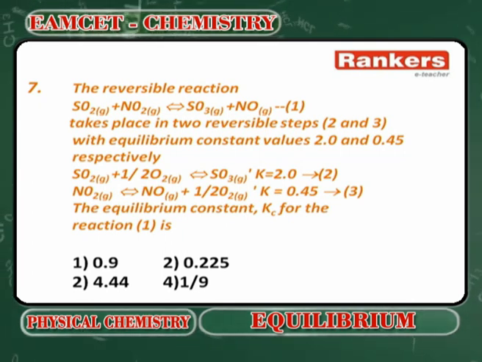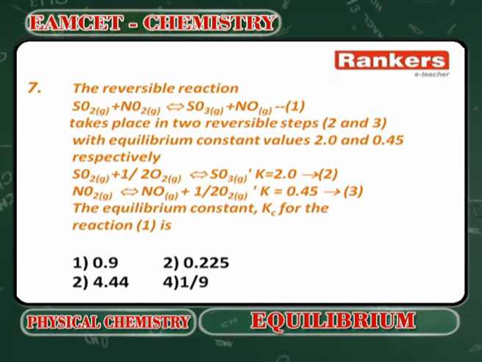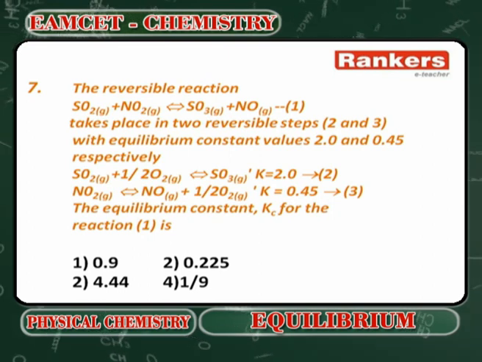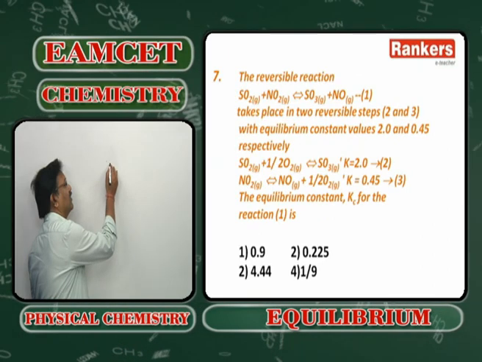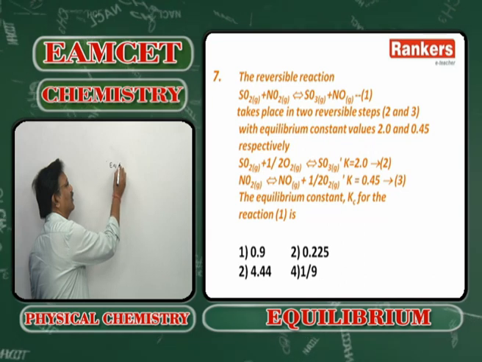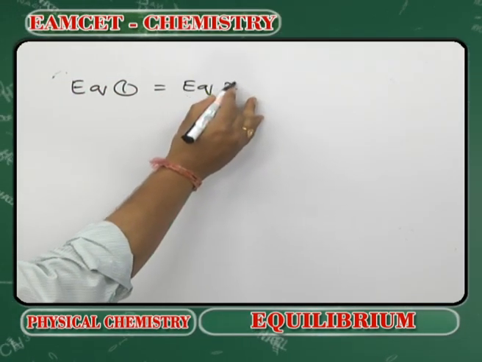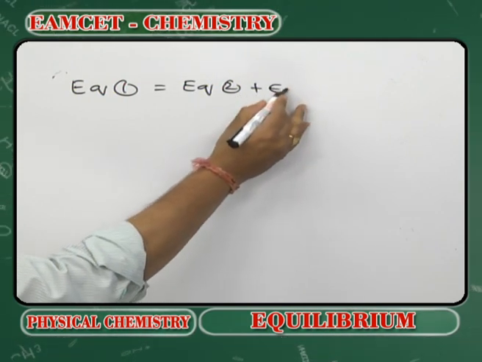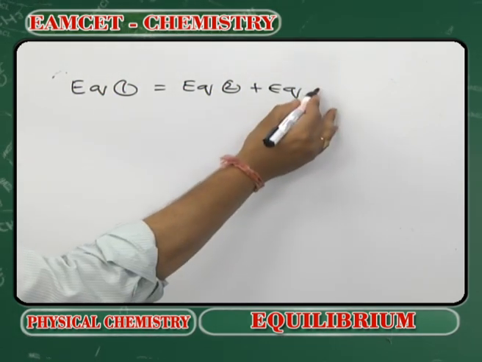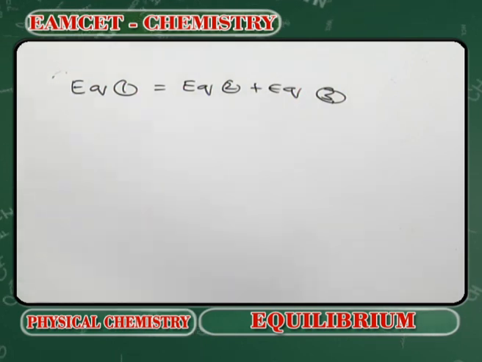Now, a reversible reaction takes place in 2 steps, 2 and 3, with equilibrium constants 2 and 0.45. As given in the problem, equation 1 is equal to equation 2 plus equation 3.